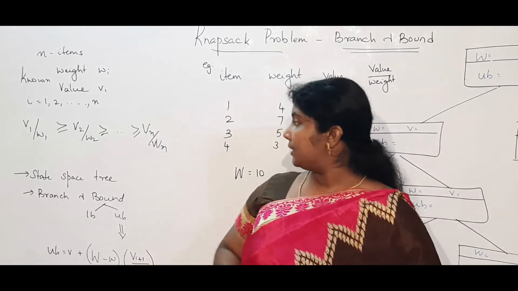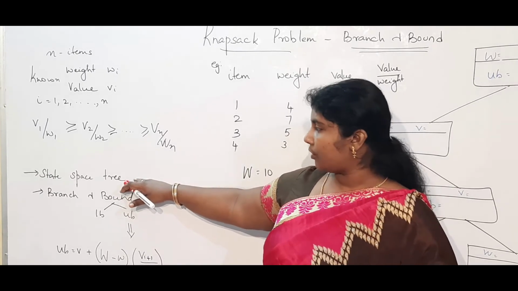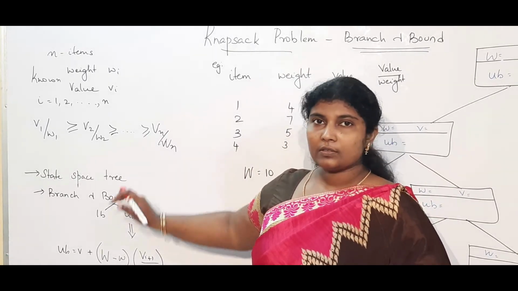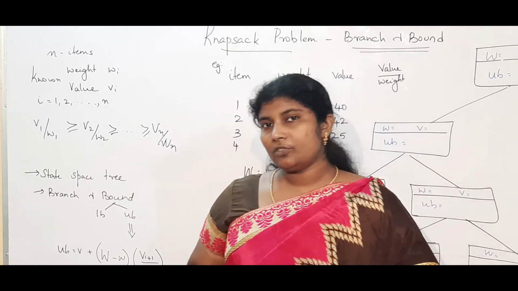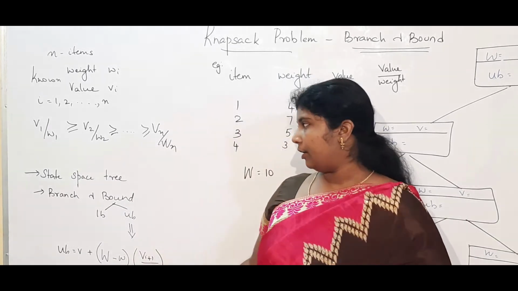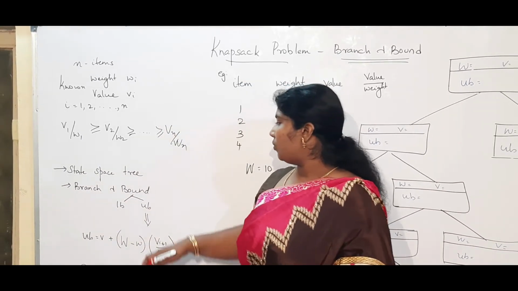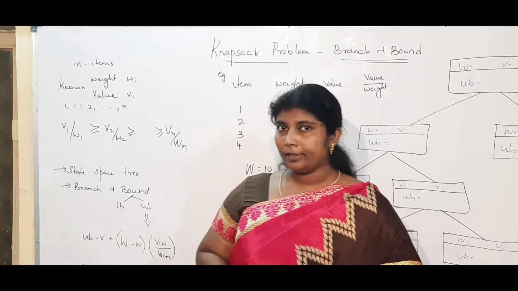We have already looked into the concept of the state space tree. It is a tree structure where all the states are indicated, and here the branching takes place and the bounding factor is determined.